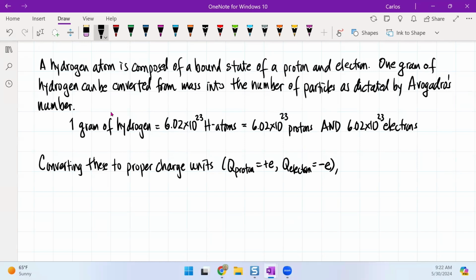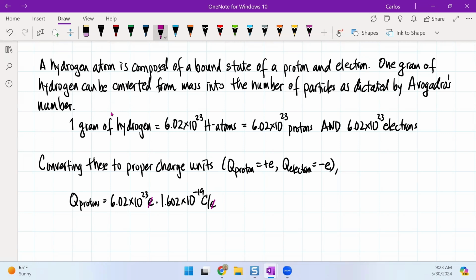So if we want to convert them, the total charge of all the protons has to be 6.02 times 10 to the 23 e, but then converting this, I have 1.602 times 10 to the negative 19 coulombs per electron, and you can see that the electrons cancel, and we're now in proper units.